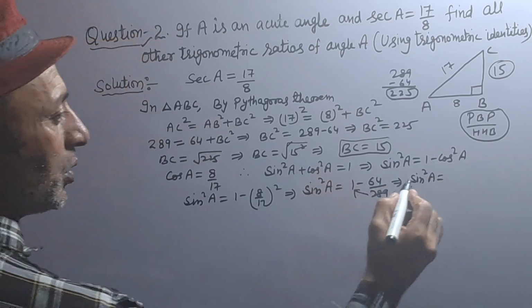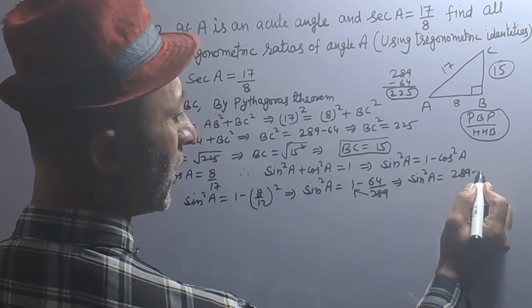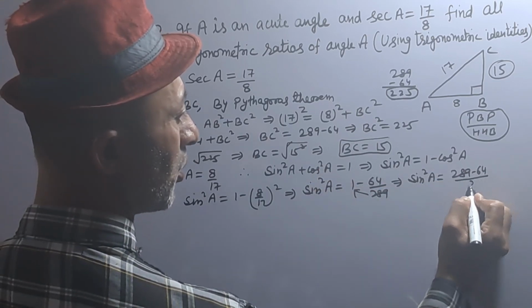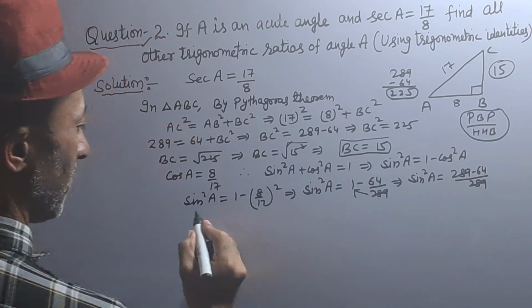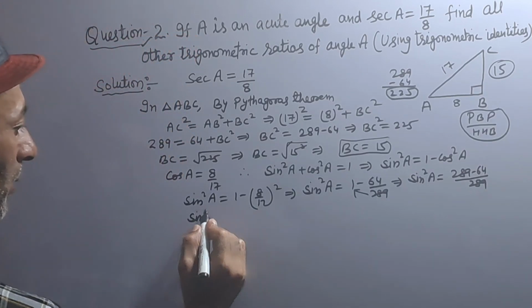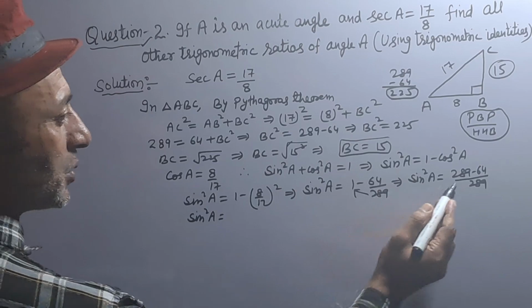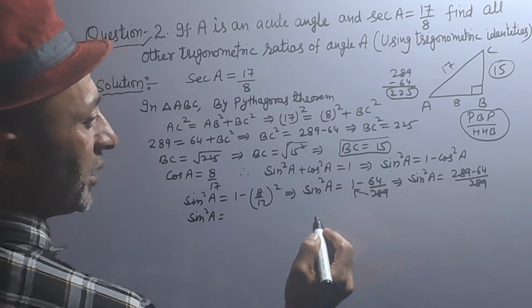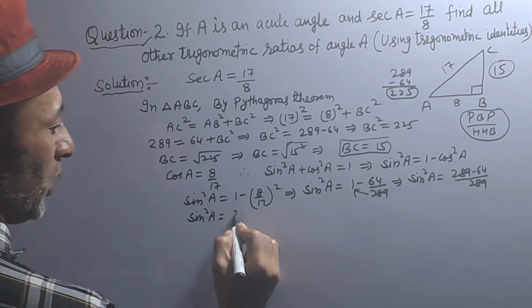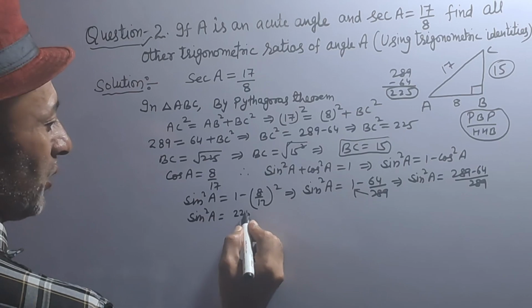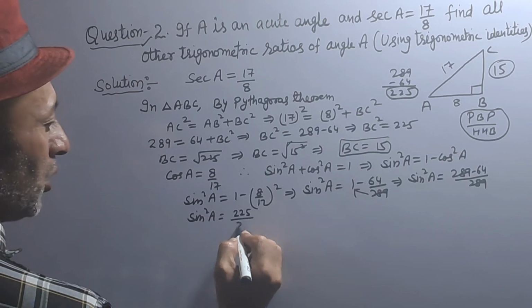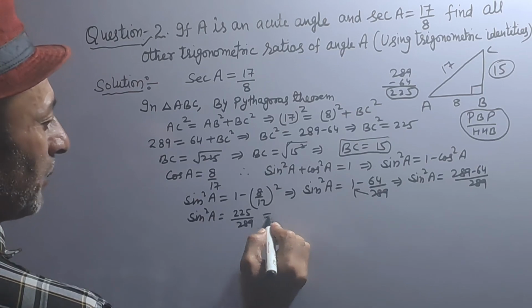Sin square A is equal to 1 minus 64 upon 289. Sin square A is equal to 289 minus 64 upon 289. Sin square A is 289 minus 64, that is equal to 225 upon 289.